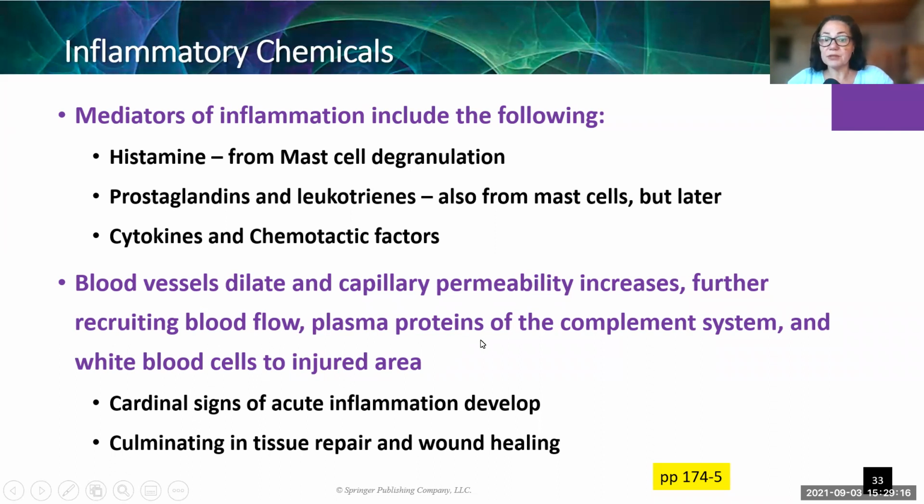The plasma proteins of the complement system can leak out into the tissues where the infection is, and release white blood cells to the injured area. And this is when the cardinal signs of acute inflammation develop: the heat, the redness, the swelling, the pain. And then ultimately, all that increased blood flow helps with tissue repair and wound healing.